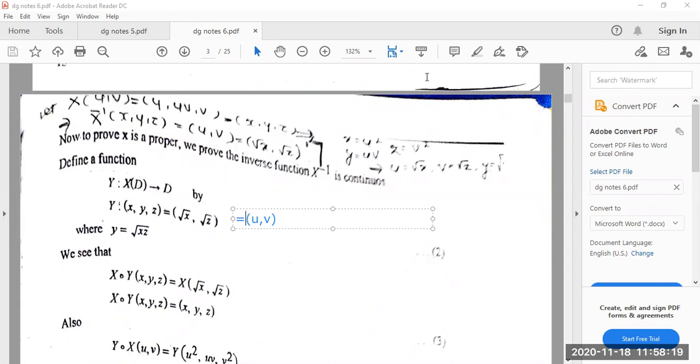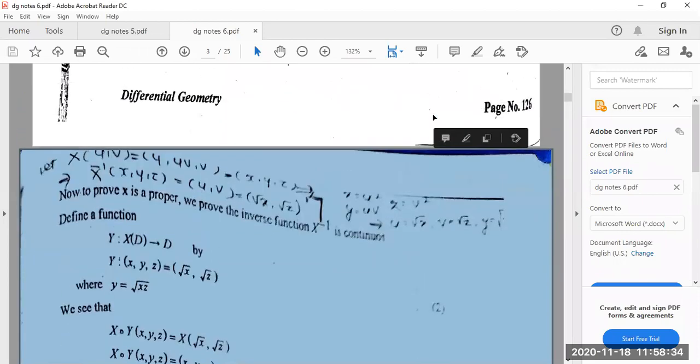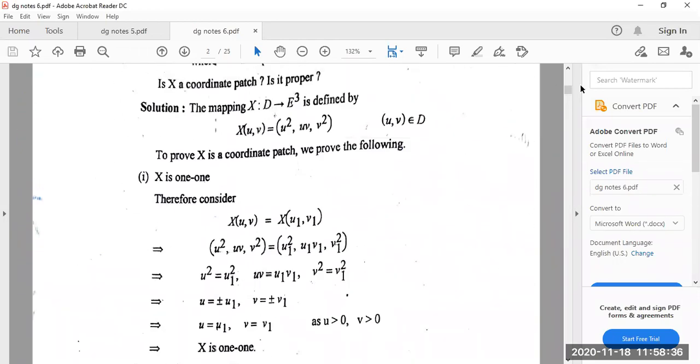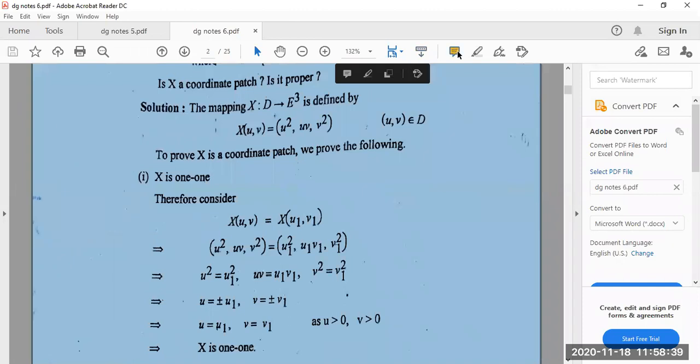So for that, we just have to rename this. Here we have defined uv, and here we have to rename it just like x, y, z. Let me write x comma y comma z, correct?